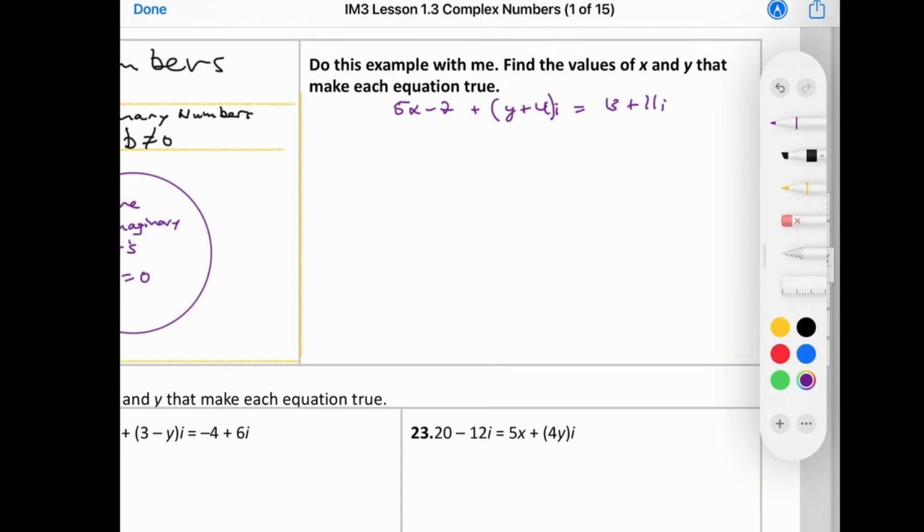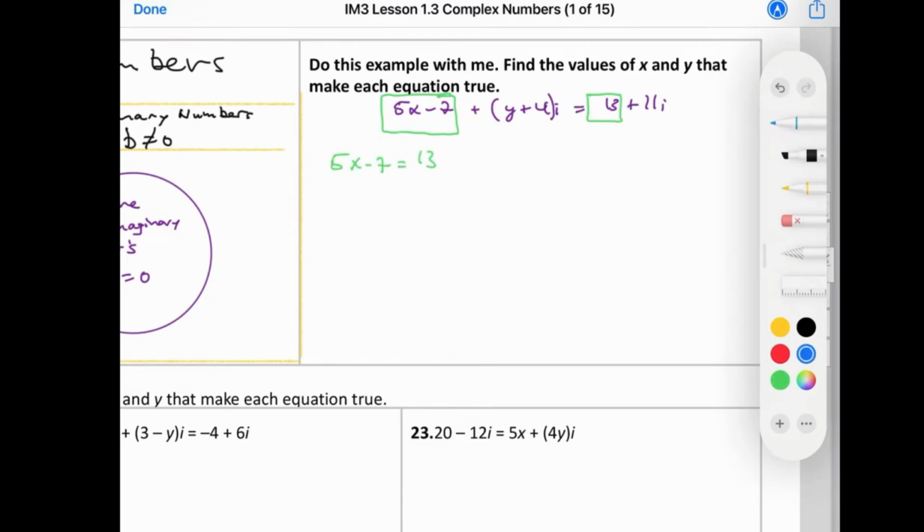Okay, so I'm going to highlight this. Hopefully you can see this. The part that has no i in it is this part over here in green. So that is equal to this part. So we're going to write an equation, 5x minus 7 equals 13.